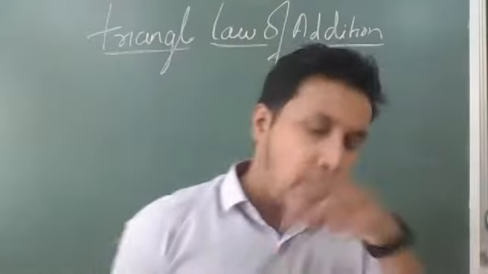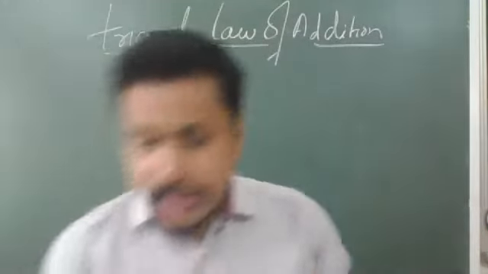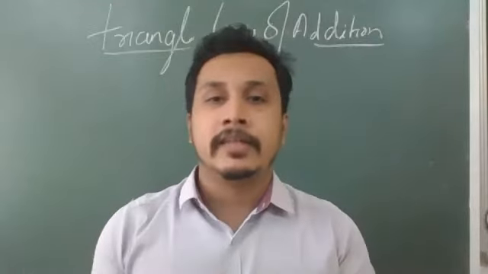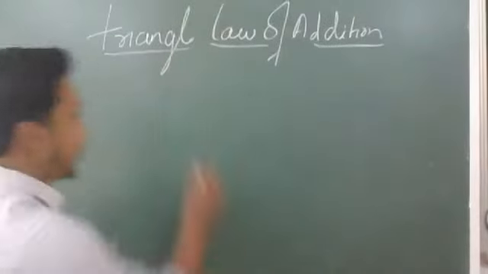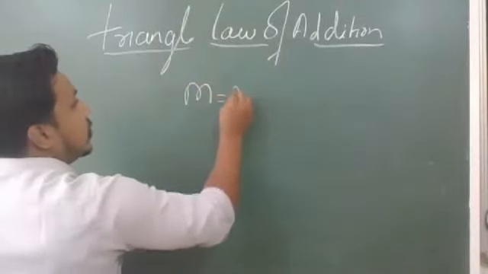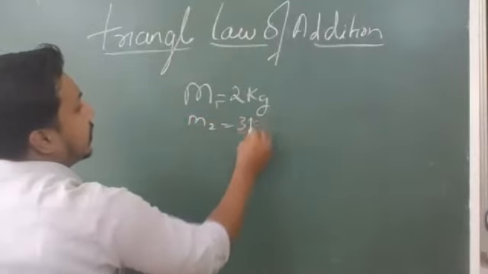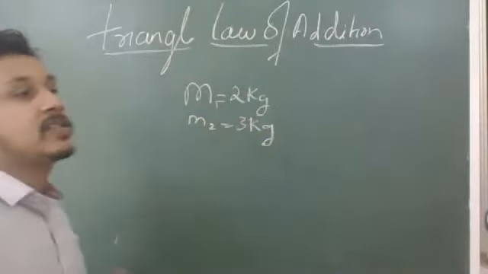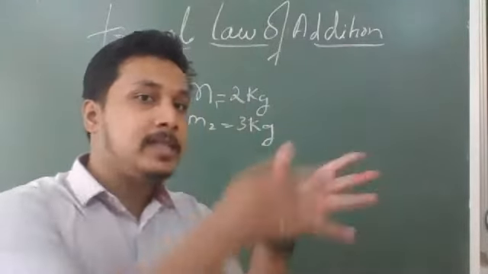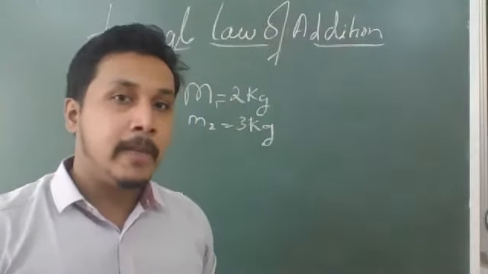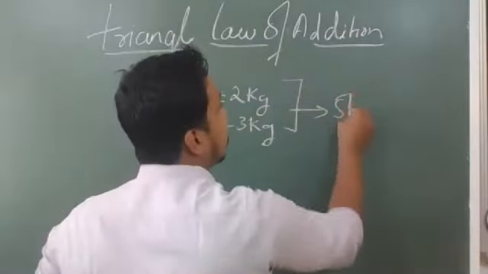But why do we need it? Because scalar plus scalar can be added like an algebraic sum. For example, you can add mass equal to 2 kg and mass equal to 3 kg, because they are scalar quantities and can be added just like the algebraic summation of any other number. So the total mass is easily 5 kg.